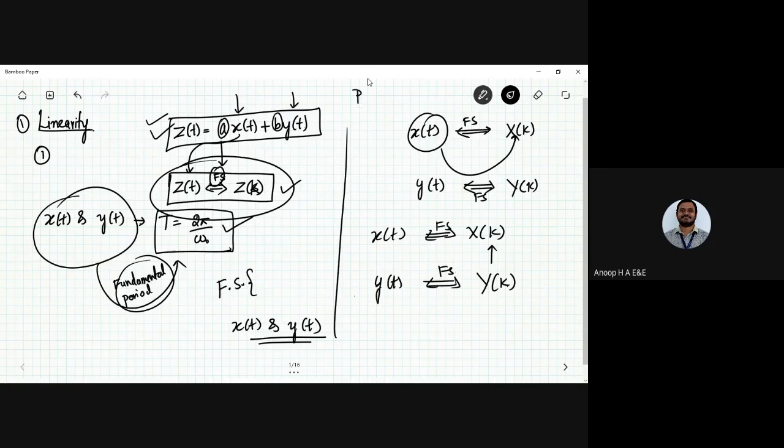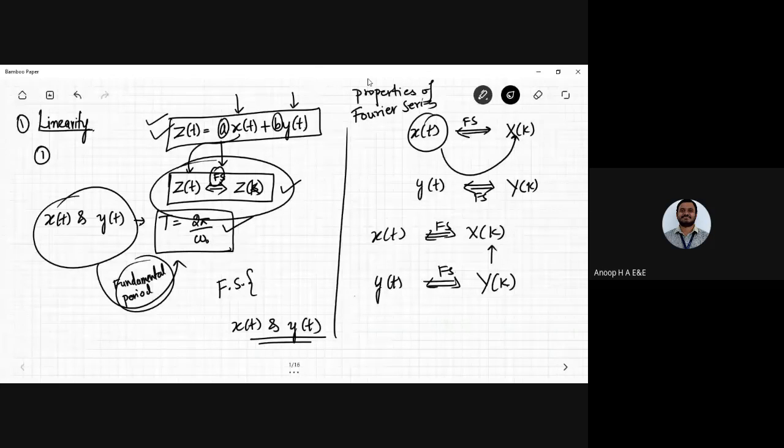The heading that we are dealing with here is properties of Fourier series. You need the fundamental time period of both x of t and y of t to be T, that is 2 pi divided by omega naught.